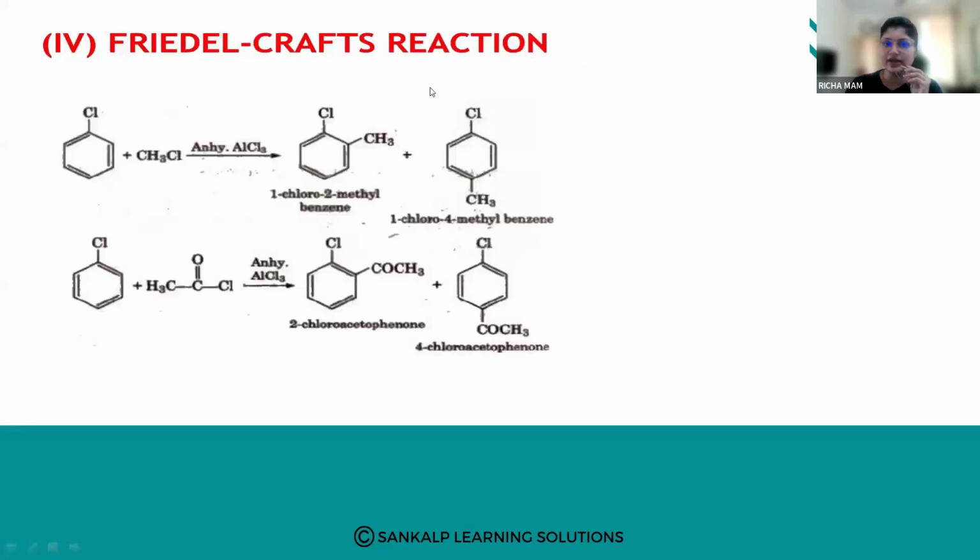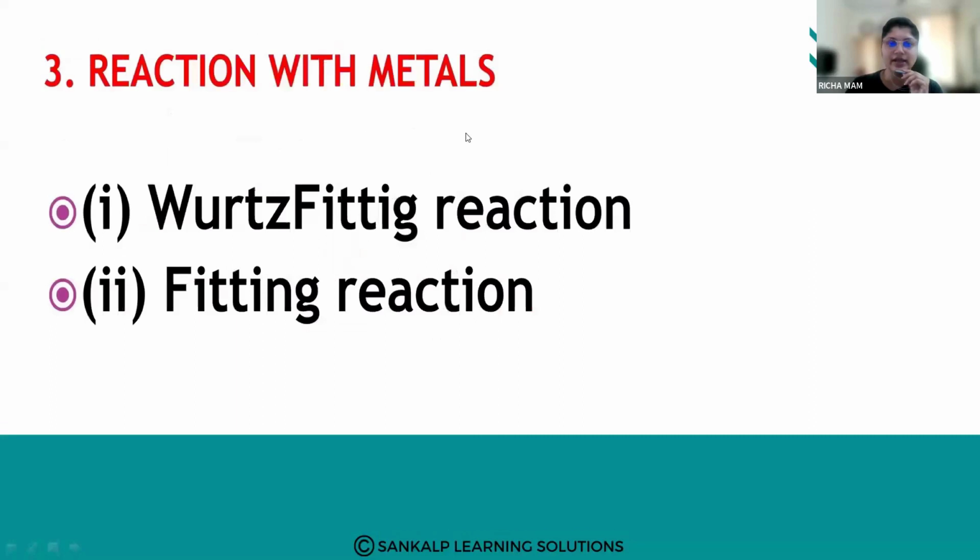Then Friedel-Crafts alkylation and Friedel-Crafts acylation. We take an alkyl halide, here methyl chloride in alkylation, and in acylation we take an acyl chloride, acetyl chloride. So acetyl is the electrophile in acylation, and methyl cation in alkylation. Fine, so these were the reactions.